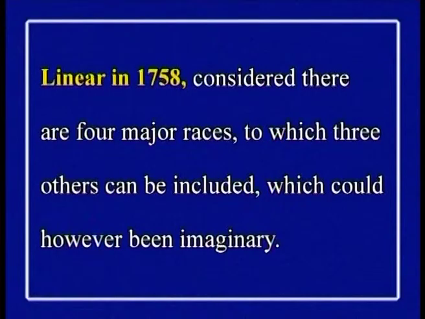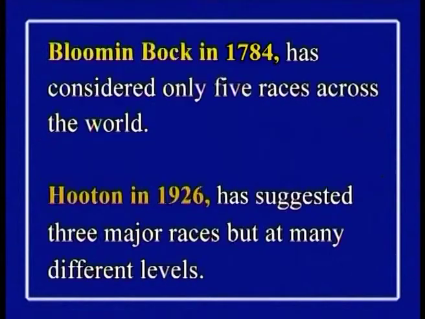Linnaeus, for example, in 1758, considered there are 4 major races, to which 3 others can be included, which could, however, be imaginary. On the other hand, Blumenbach in 1784 has considered only 5 races across the world. Houghton in 1926 has suggested 3 races, but at many different levels.